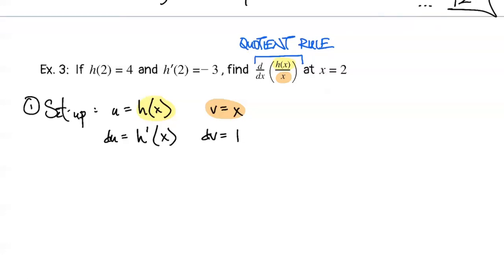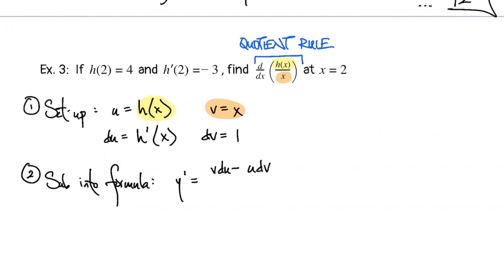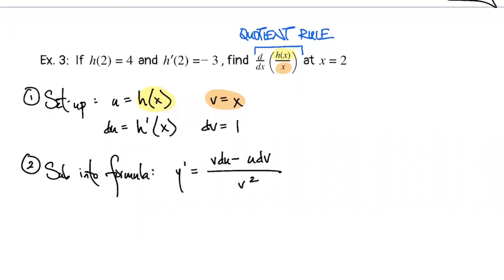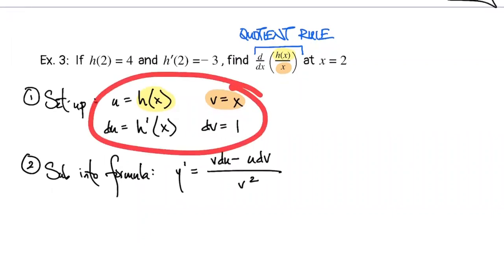But once we've set these up, let's sub into our formula. Since we're using the quotient rule, we'll say y prime equals v du minus u dv over v squared, and we're going to plug in all of the information we set up.